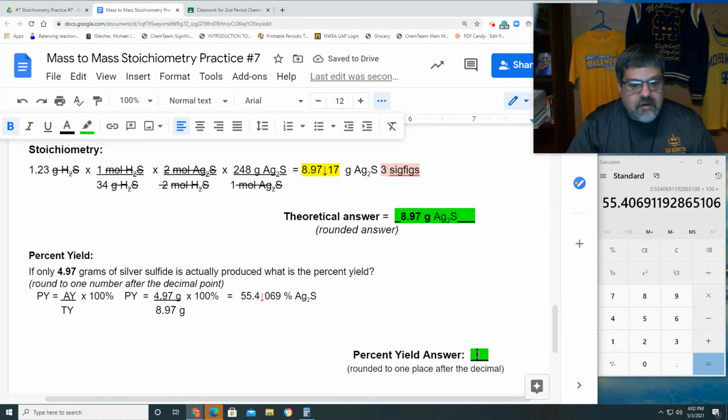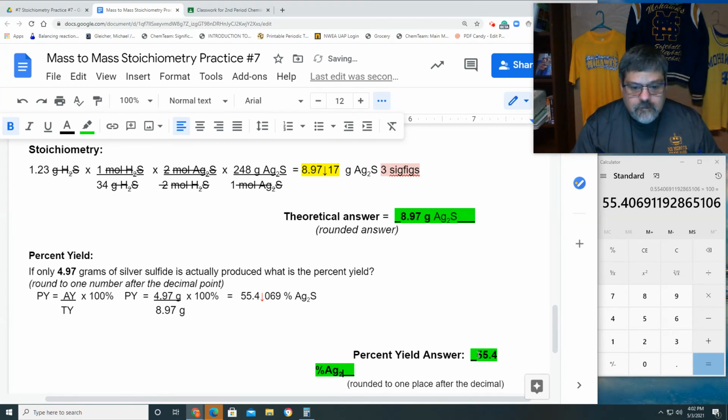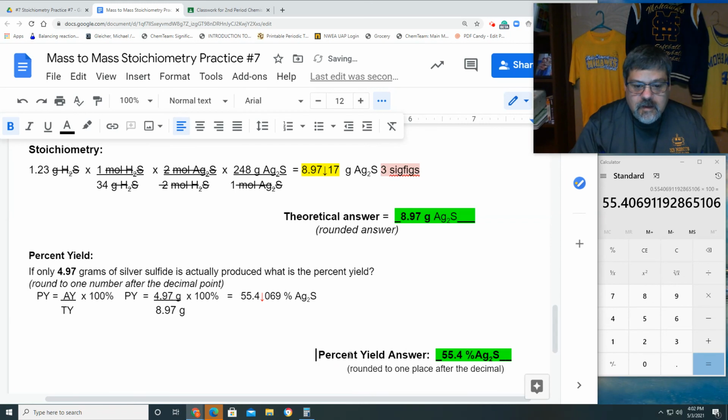So we're just going to come down here and put in our 55.4% of Ag2S. So there's our final answer. So we have 55.4% yield. Not real good in this reaction, but that's what we got.